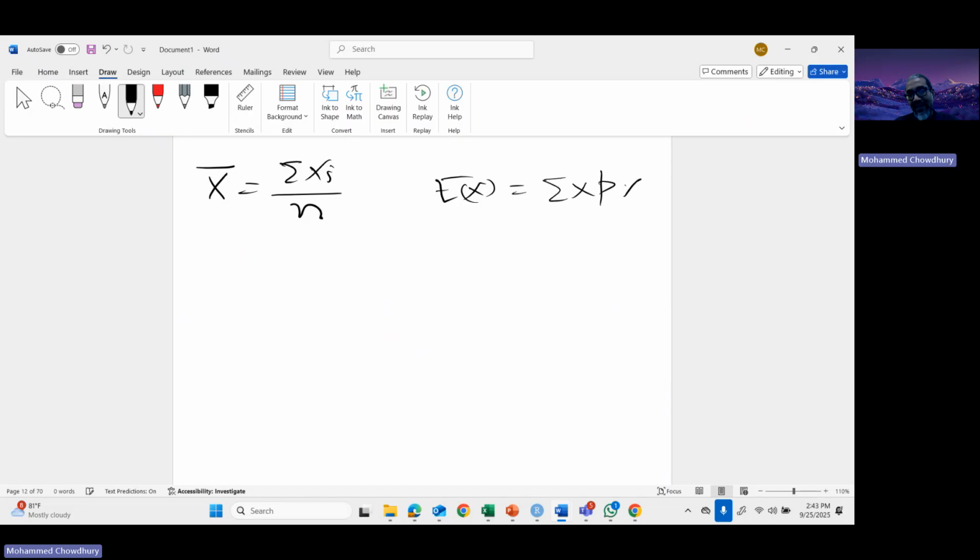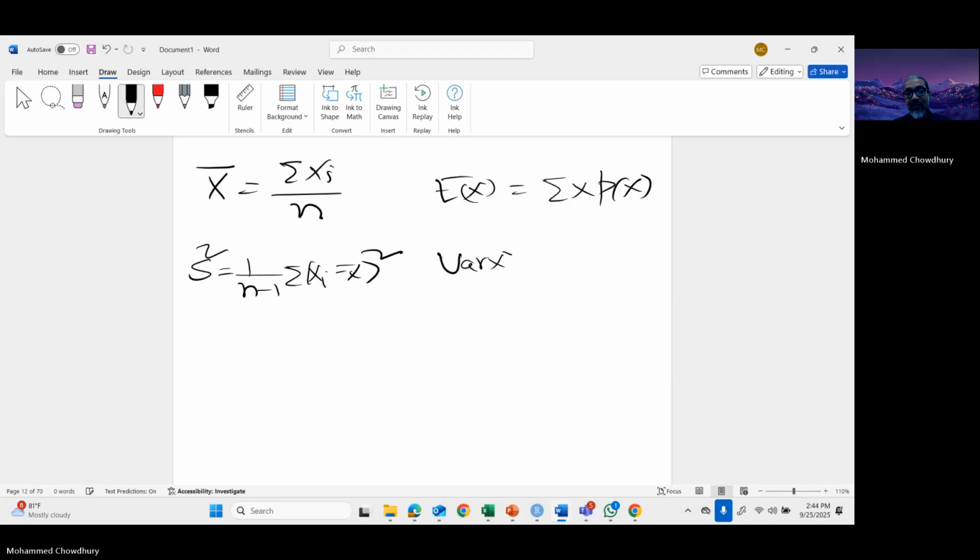There is no division by n minus 1 or n. Similarly, this is the variance, 1 over n minus 1 sum of xi minus x bar square, and here the variance of x is the expected value of x square minus the expected value of x whole square. There is no n minus 1 in here.